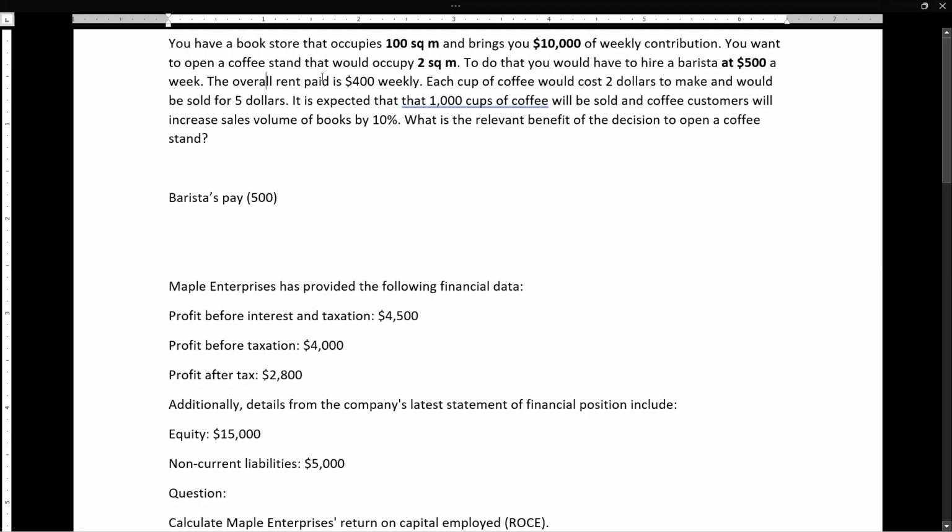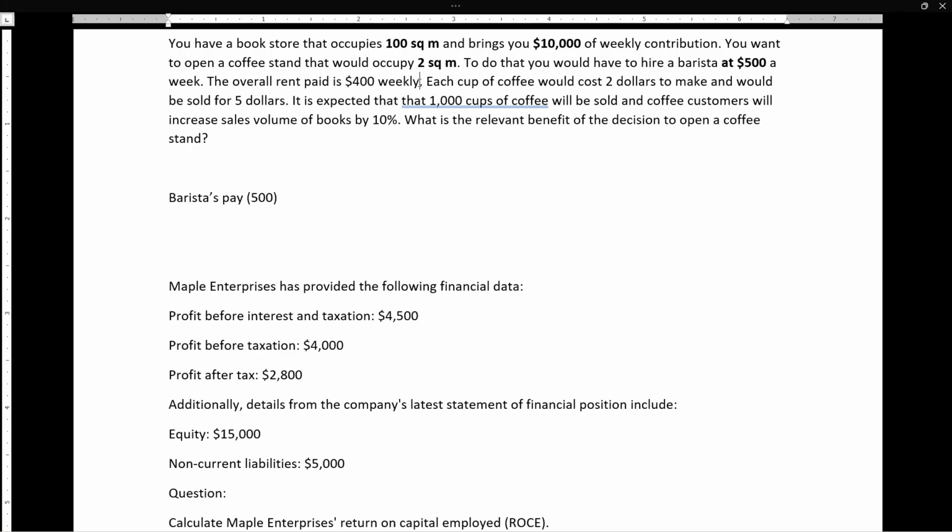The overall rent paid is $400 weekly. When we are talking about performance evaluation and evaluating the divisions, products, projects, then obviously we would take this 400 and split that.